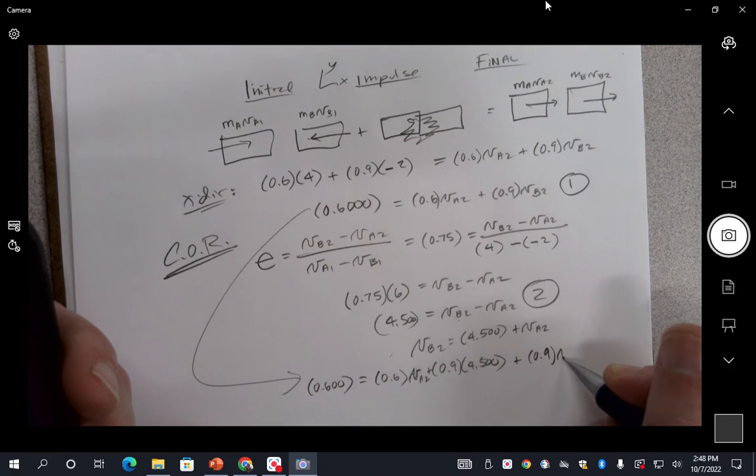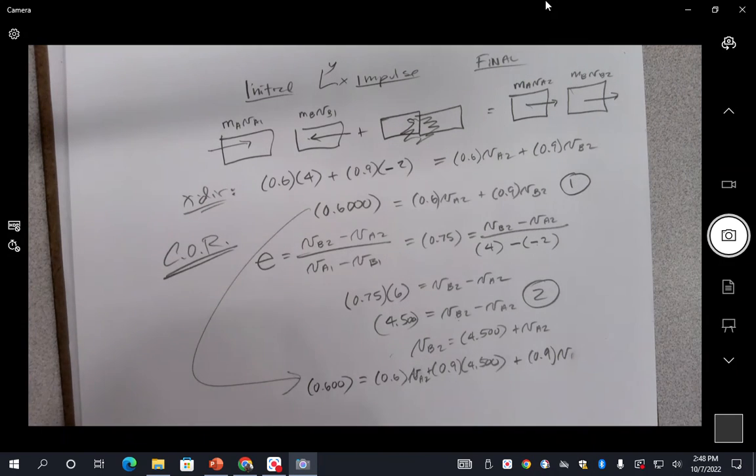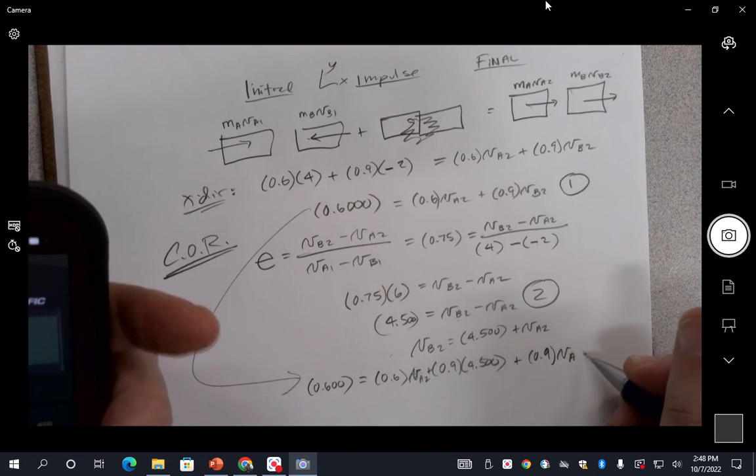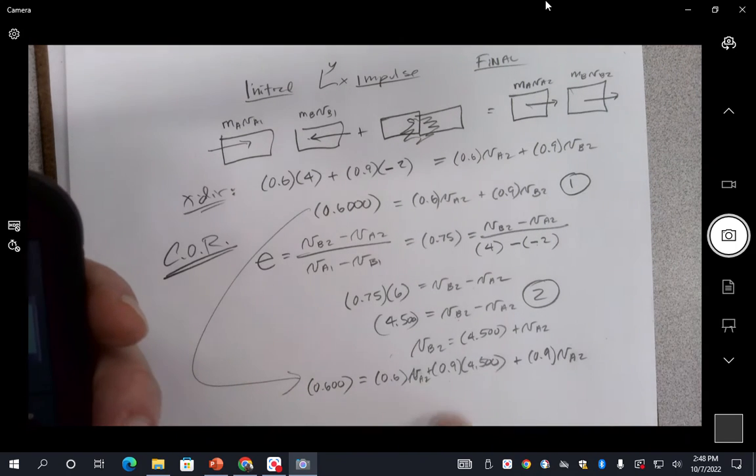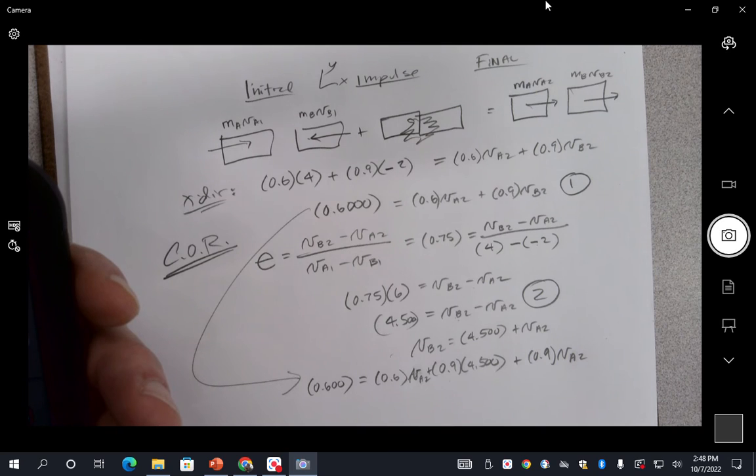Okay. So let's see, 0.6 minus 0.9 times 4.5.